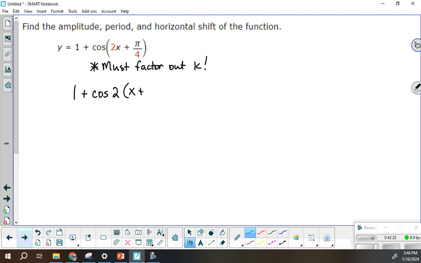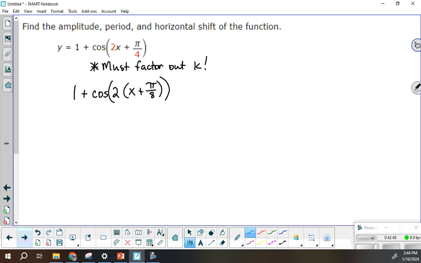If I factor out a 2, it's going to be pi over 4 divided by 2, which makes this pi over 8. If I pull a 2 out of that pi over 4, factoring out a 2 or dividing by 2, then that makes that pi over 8.